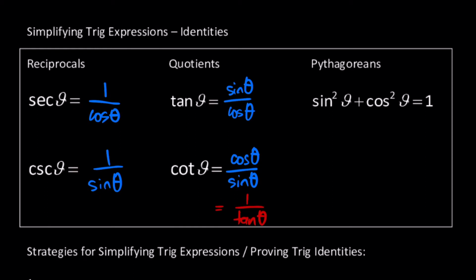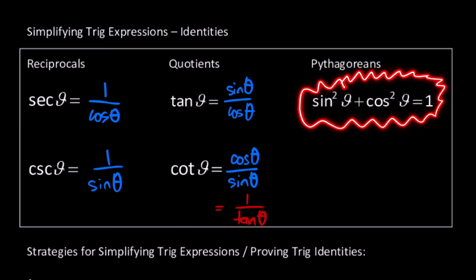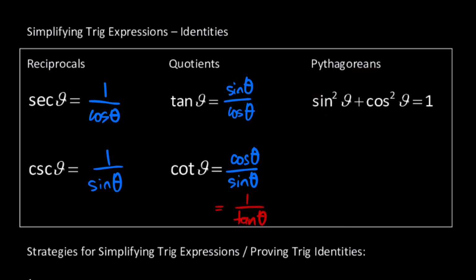Our Pythagorean identities. This is an important one right here, because we can get every other trig identity from that single one. If sine squared plus cosine squared equals 1, then sine squared theta by itself is equal to 1 minus cosine squared theta, and cosine squared theta by itself is equal to 1 minus sine squared theta.